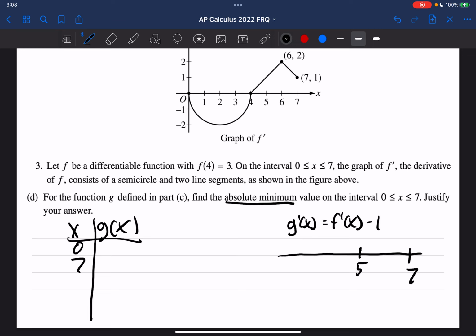Now it also equals 0 at 7, but it's at the end of the interval, so we don't have to worry about that. Now it's negative before x equals 5, and then it's positive between 5 and 7. So we also have to consider x equals 5.